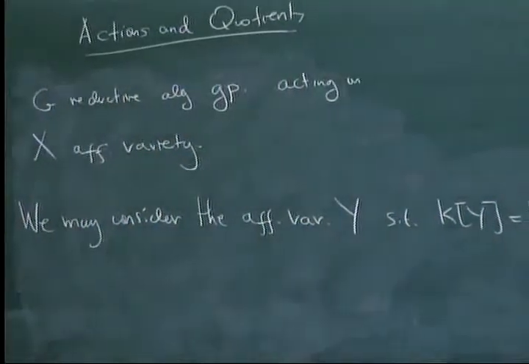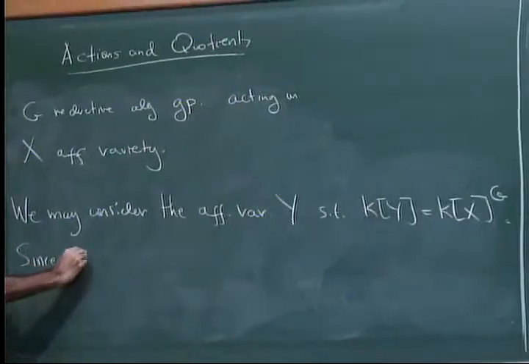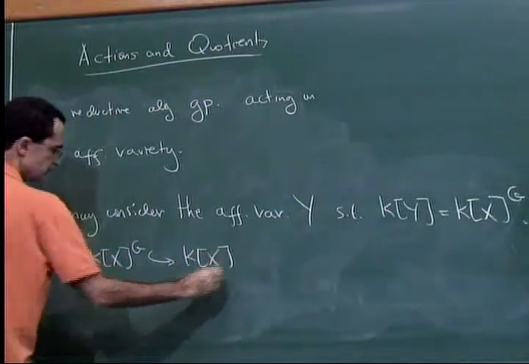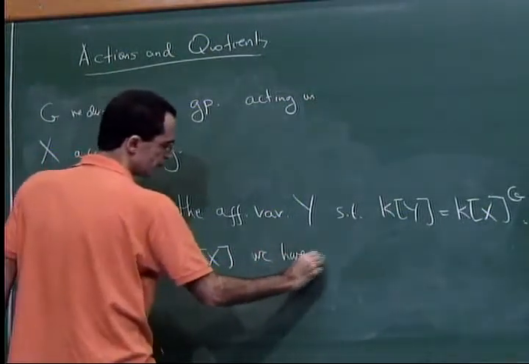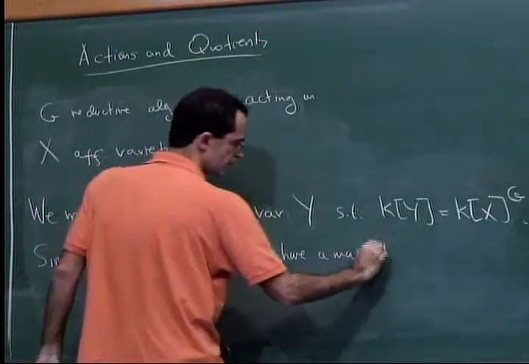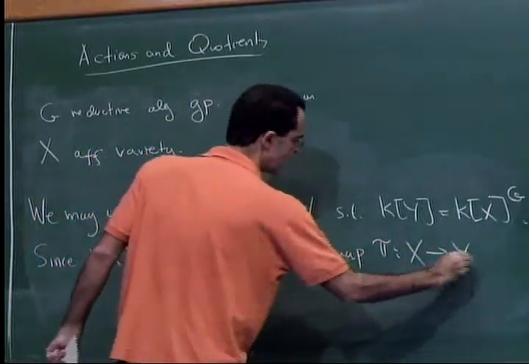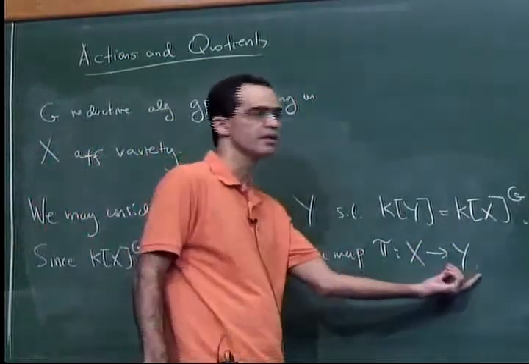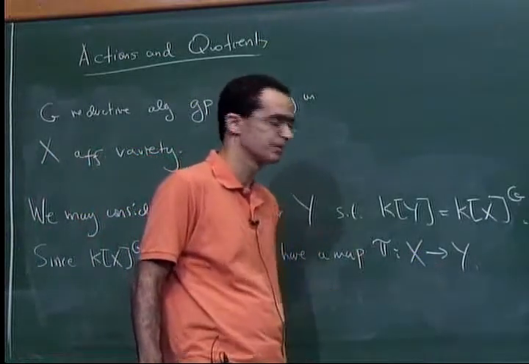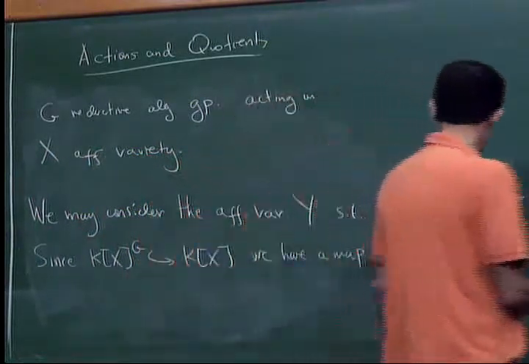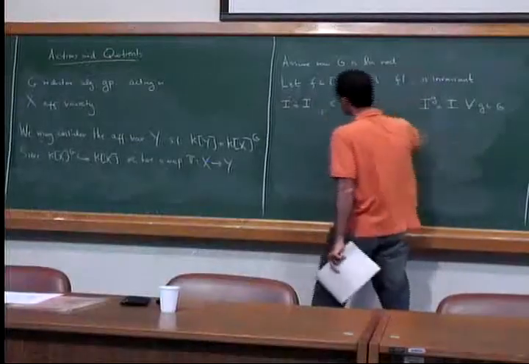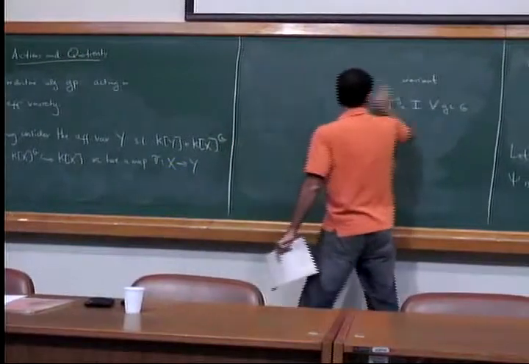And since we have an embedding, we have a map from X to Y. So the question is, what is this Y here? Is it a quotient in some sense? We're going to see that it's actually a quotient, and a good quotient by definition of good quotient.